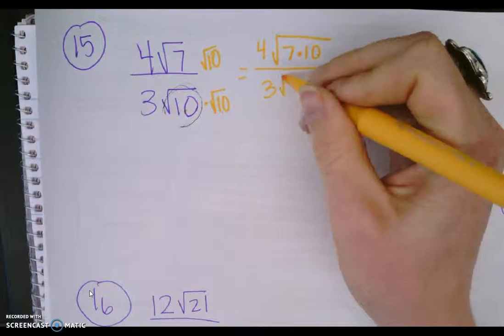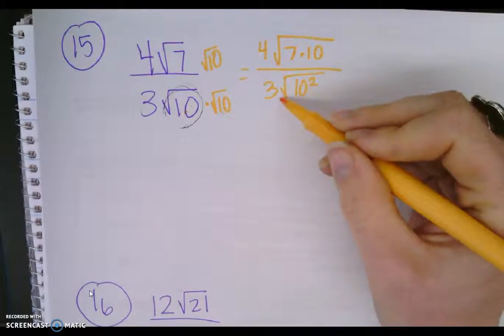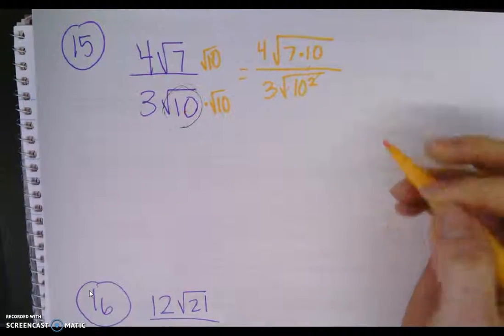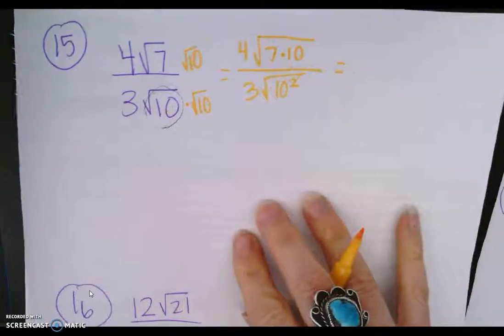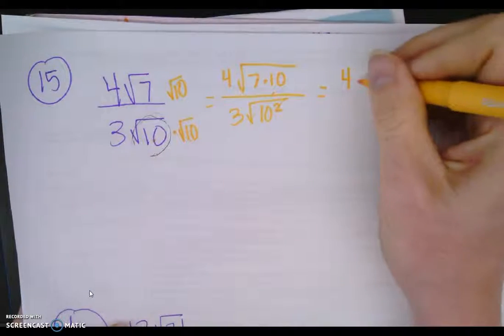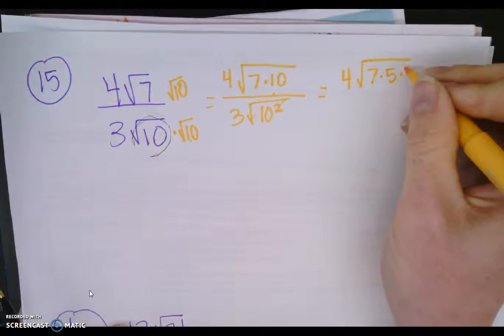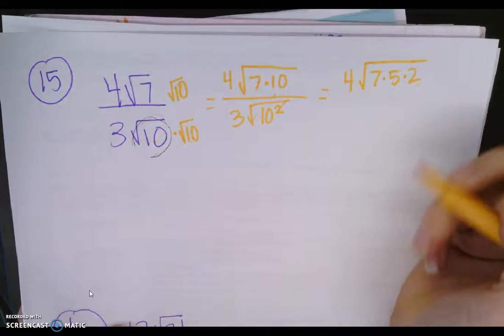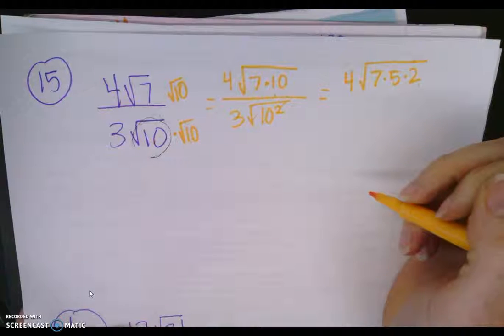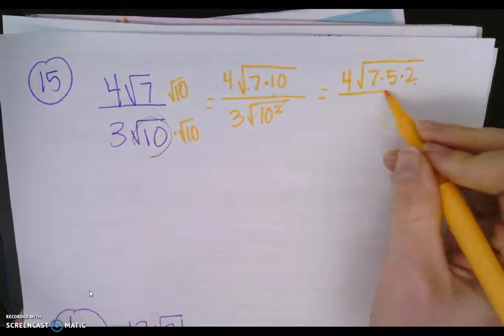Over 3 times, well, 10 times 10 is 100, or you can just write it as 10 squared, so you can see that the square root and the square will cancel out. So now, taking a look at my ratio, I end up with 4 square root of 7 times 5 times 2. These are all prime numbers, and none of them are pairs, so I know I will not be able to simplify radical 70.